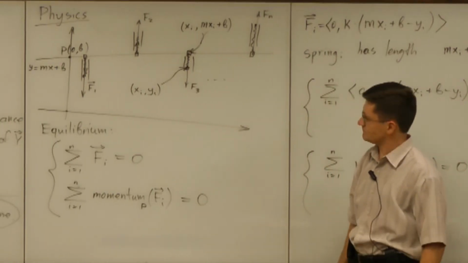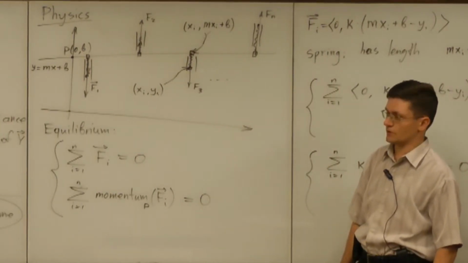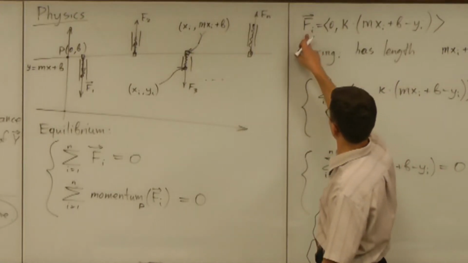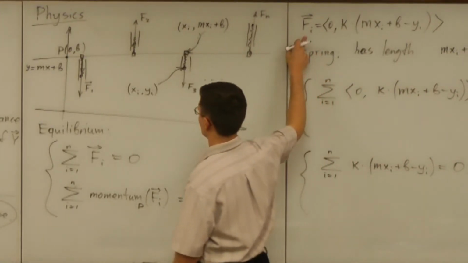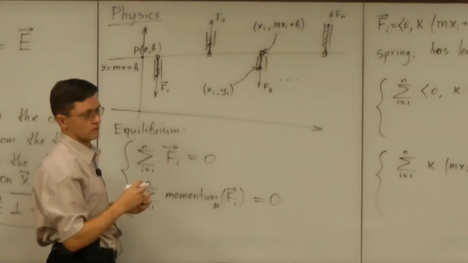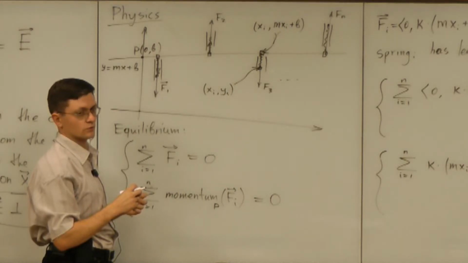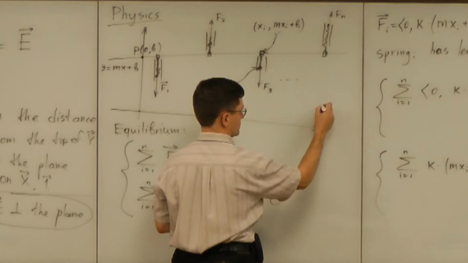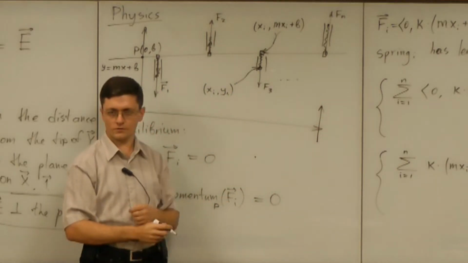What about momentum? How to compute the momentum? What's the momentum of that force with respect to that point? How do you compute the momentum? You have a point, you have a force, and here's the vector of the force. What's the momentum?